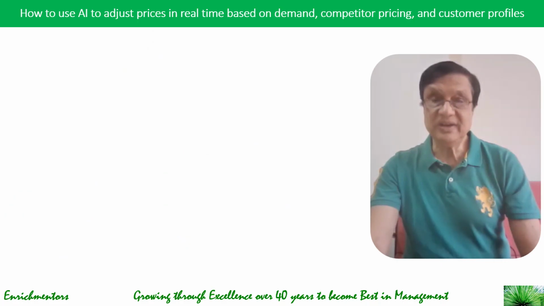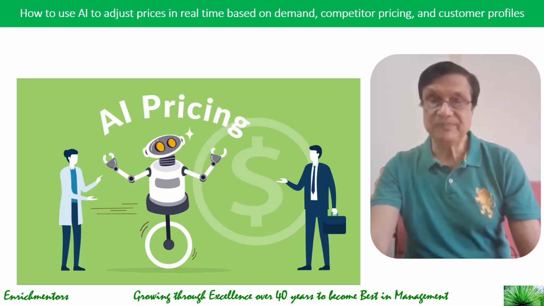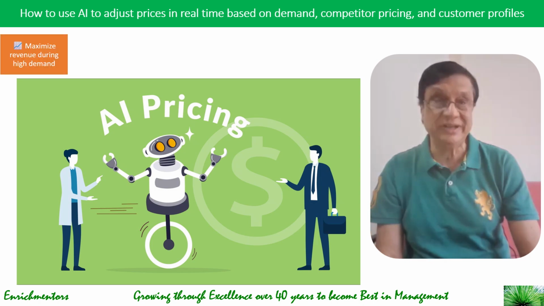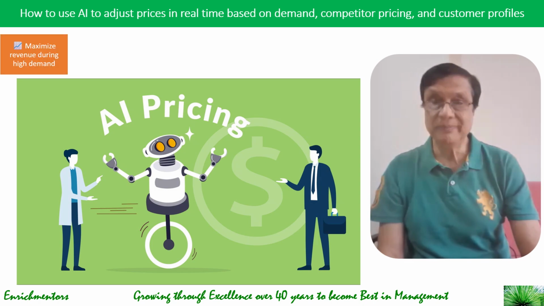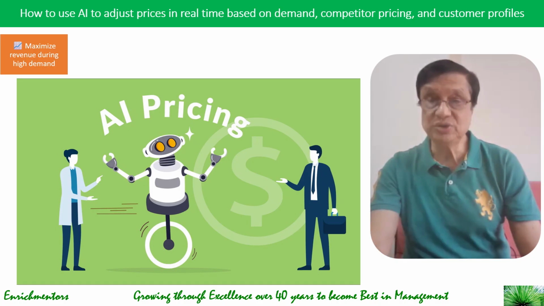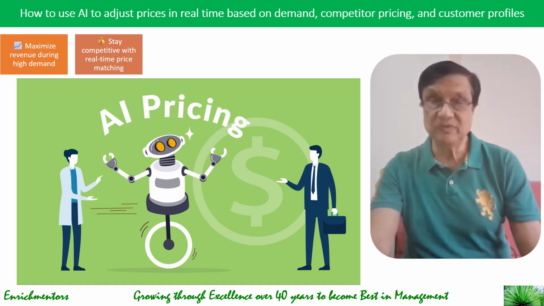First, let's understand how AI helps you to adjust prices in real time. What AI does is it enables you to maximize revenue during high demand, and it allows you to stay competitive with real-time price matching with customer expectations and competitors.